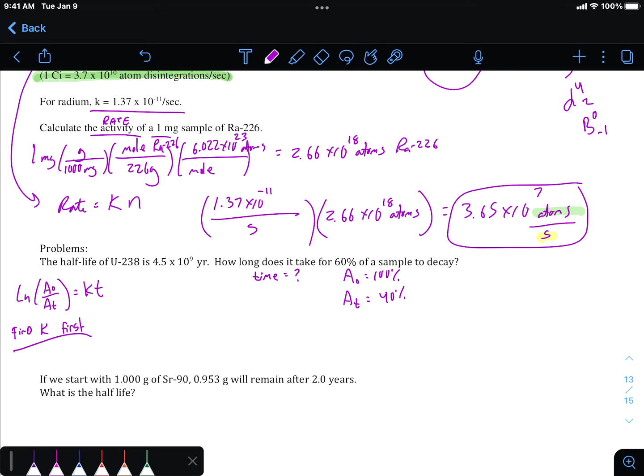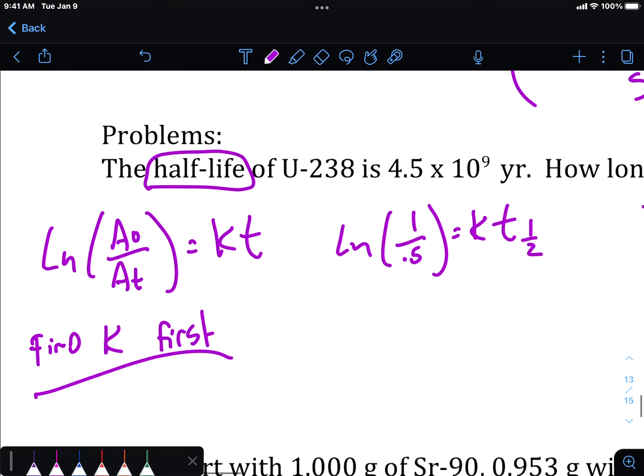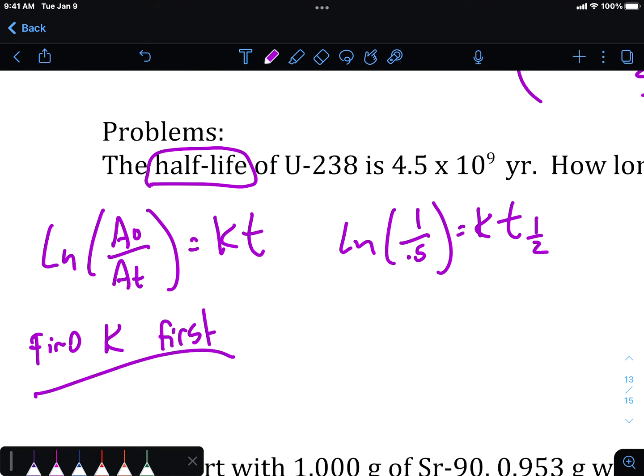Well, since half-life is what is cited, the ln for half-life would look like this. You guys understand? A sub naught is the original.